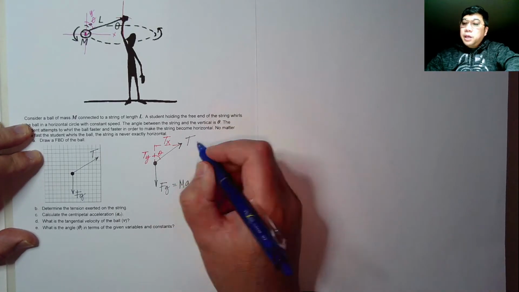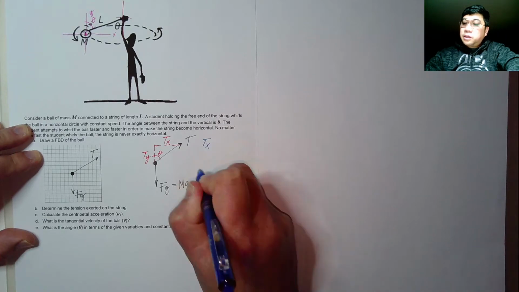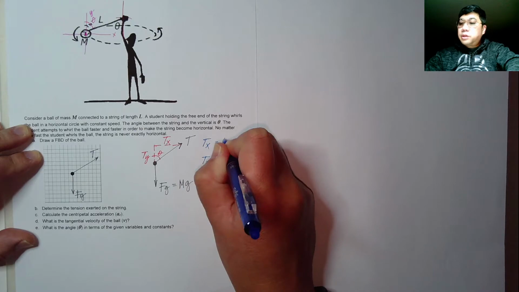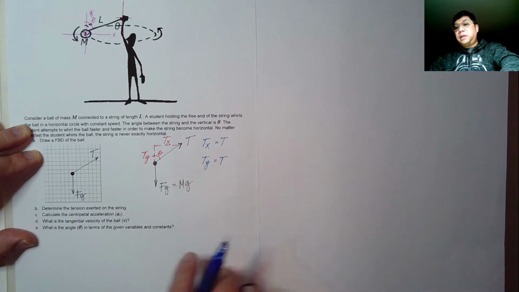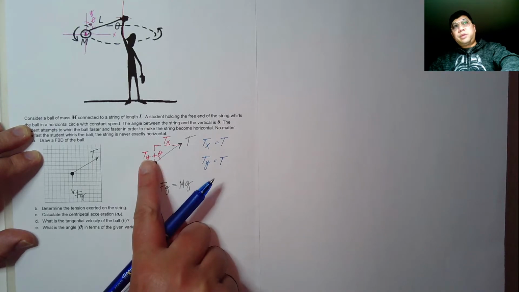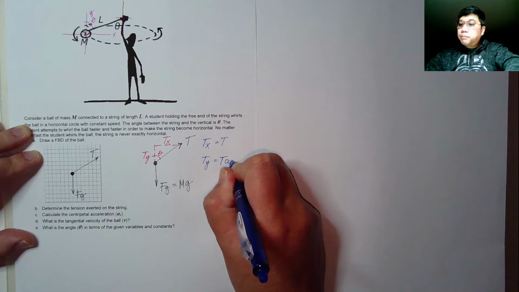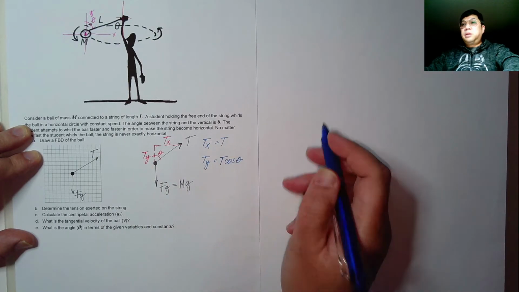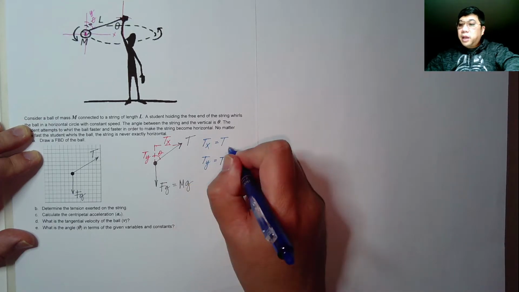So we can say that tension x and tension y are simply equivalent to the tension itself multiplied by the function. Since the angle is measured from the vertical axis, y will turn out to be cosine theta, while x is going to be a function of sine theta.